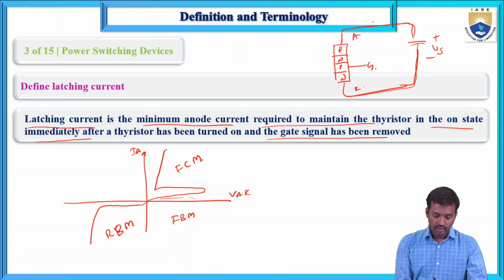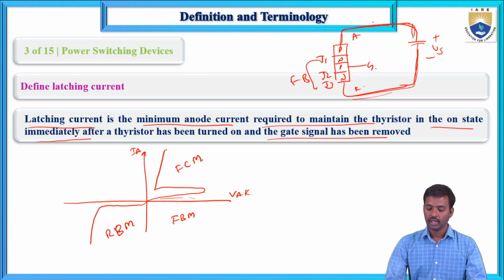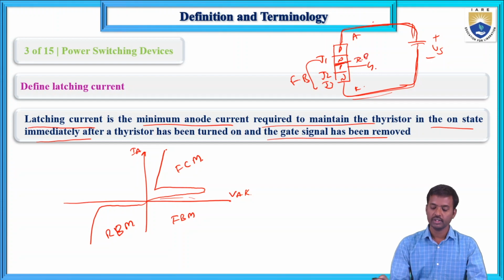Now if you give some amount of voltage, J1 and J3 are in forward bias and J2 is in reverse bias.